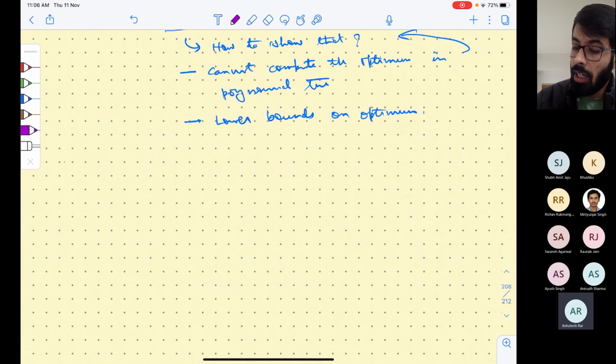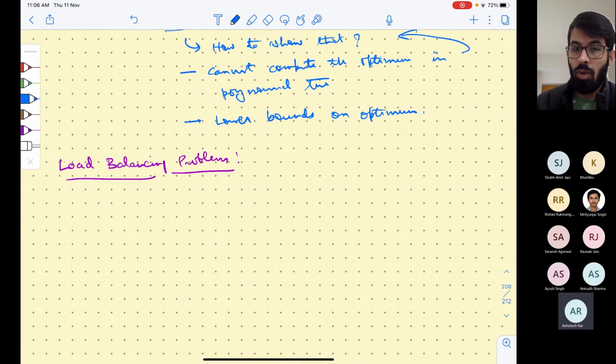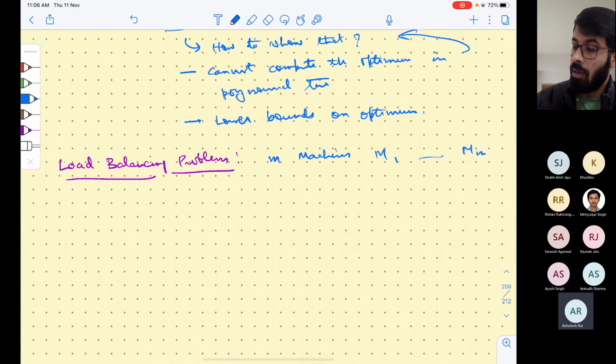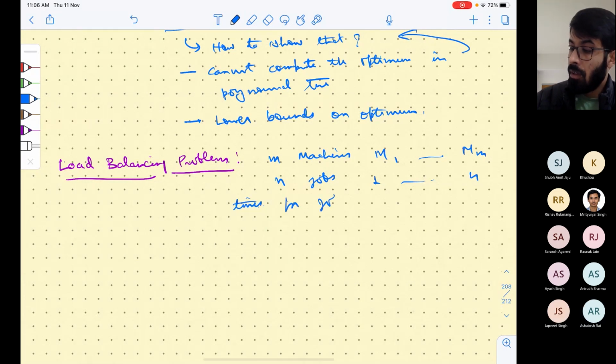So the first problem that we'll look at is the load balancing problem. And what does the load balancing problem have? It has M machines, let's say M1, M2, up to Mm, and n jobs, 1 to n, and times for jobs, let's say T1 to Tn, right?